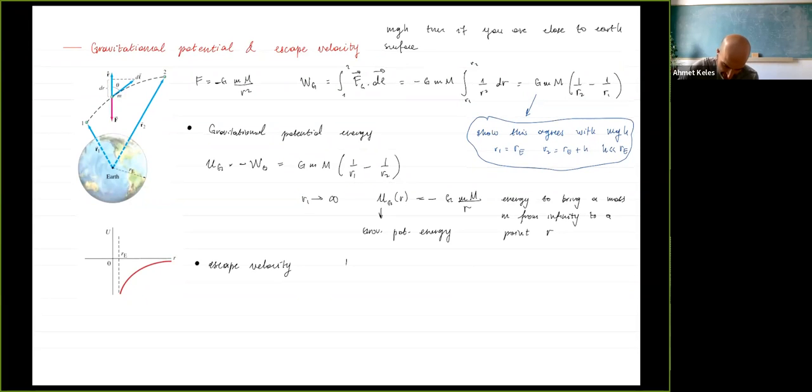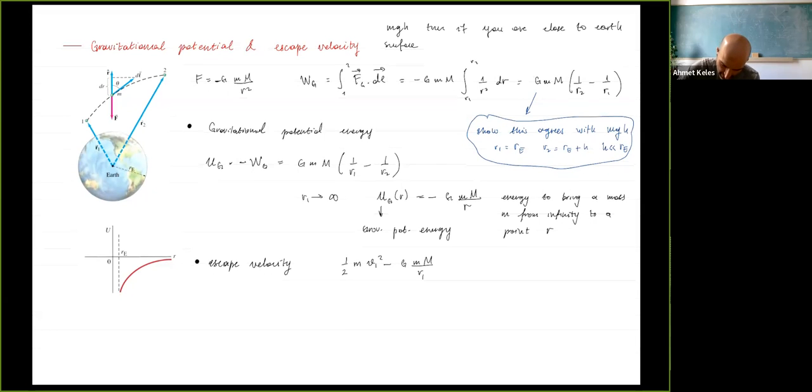Let me calculate it at some point: 1/2 m v1 squared minus G M m divided by r1. Assuming there is no other force, we should have this equal to 1/2 m v2 squared minus G M m over r2.